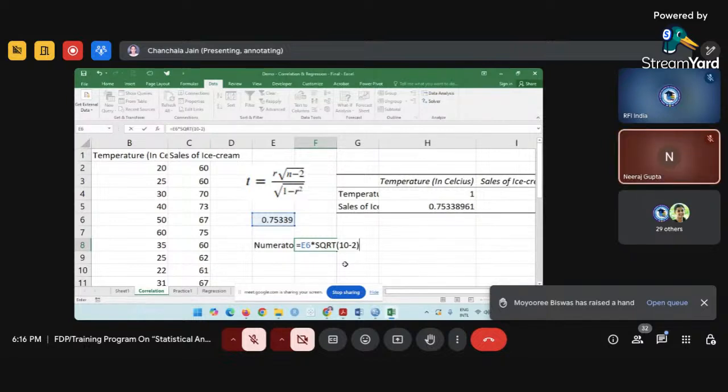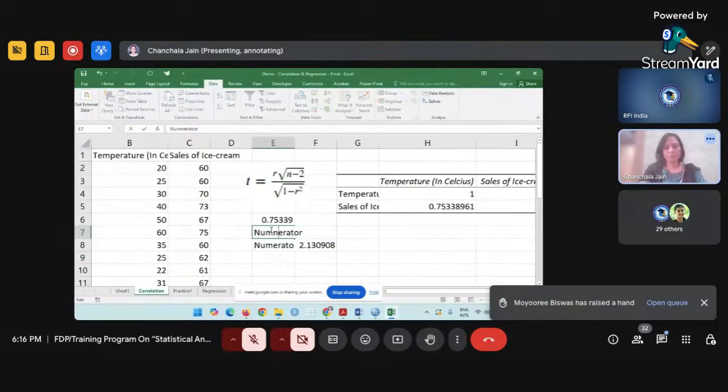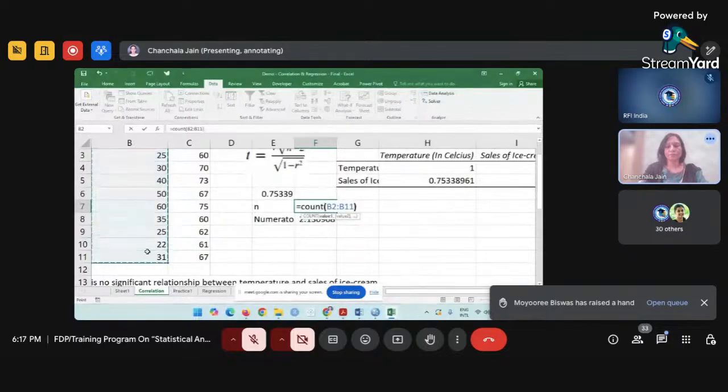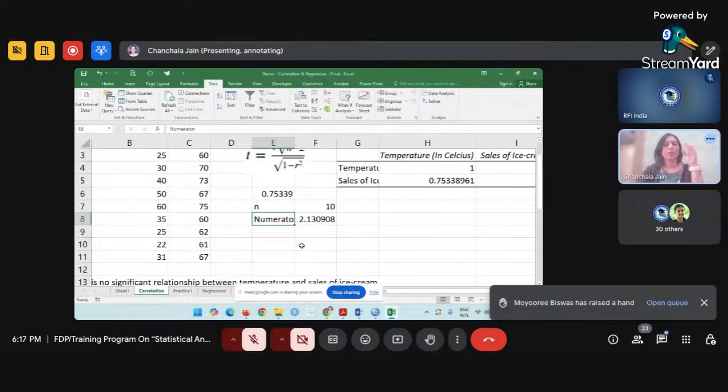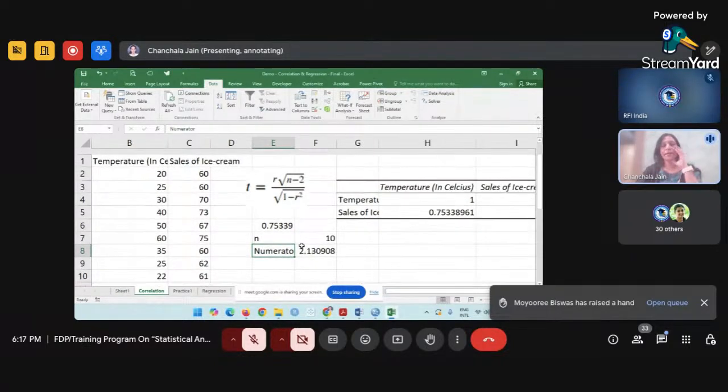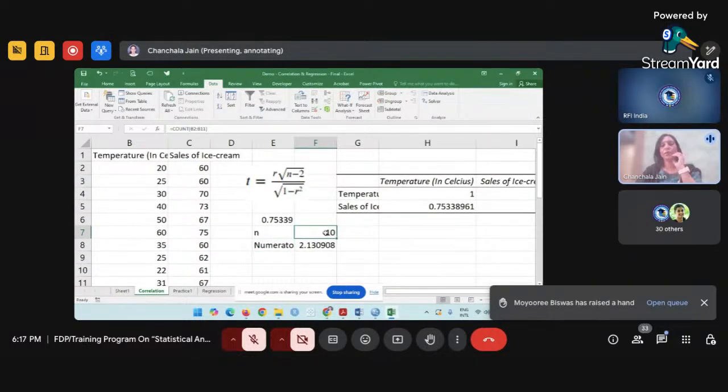You can calculate n. So n is what? You can count how many pairs of observations you are having. That is 10, right? I looked at my data, but that way also you can count to get the n value. It is okay? Numerator, everyone has got the same.